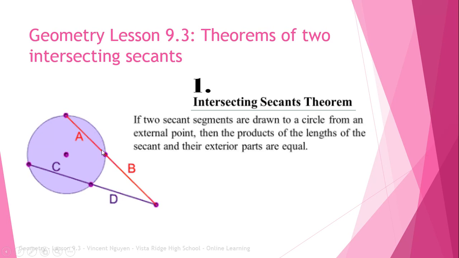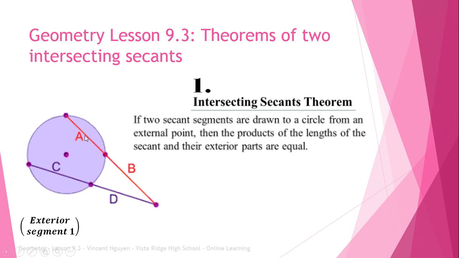You have one secant here, where segment A and segment B make up this red secant. Segment C and segment D make up this purple secant, right? What this theorem is saying is if you take the segment on the outside, so let's look at the red segment, that would be secant one.